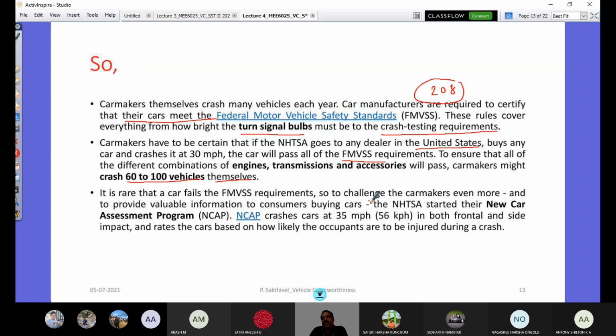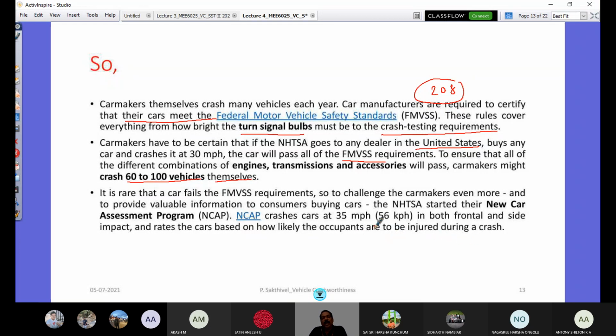So to challenge the car makers even more, and to provide valuable information to consumers buying cars, the NHTSA started their New Car Assessment Program, which crashes cars at 35 miles per hour in both frontal and side impact, and rates the car based on how likely the occupants are to be injured during the crash.